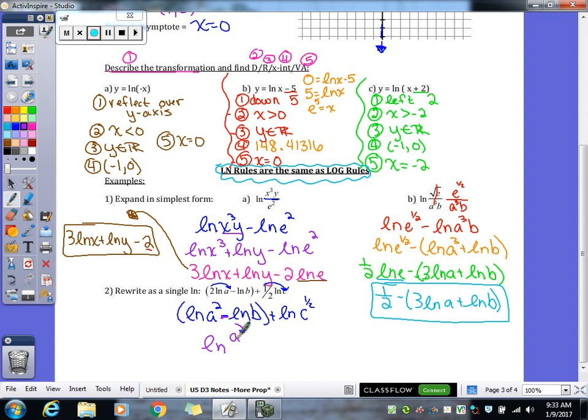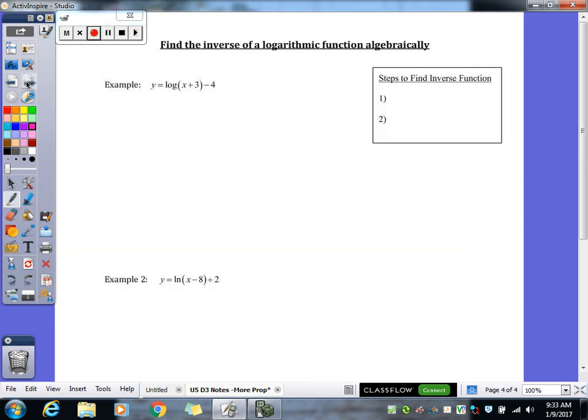So it's the ln of a squared over b plus ln of c to the 1/2. So when this happens, you're saying it's this times c to the 1/2. So the way we would write that is ln of a squared c to the 1/2 over b. So that would be our final answer. And you could change the 1/2 into a radical if you wanted to, or you could leave your answers just like that.